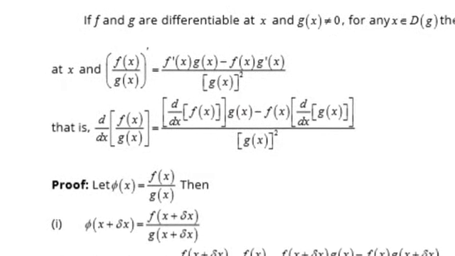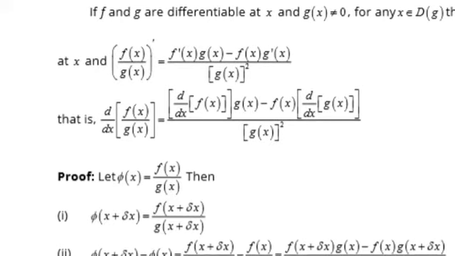Now we have the quotient rule. If we have a function in fraction form, its formula is f of x over g of x.